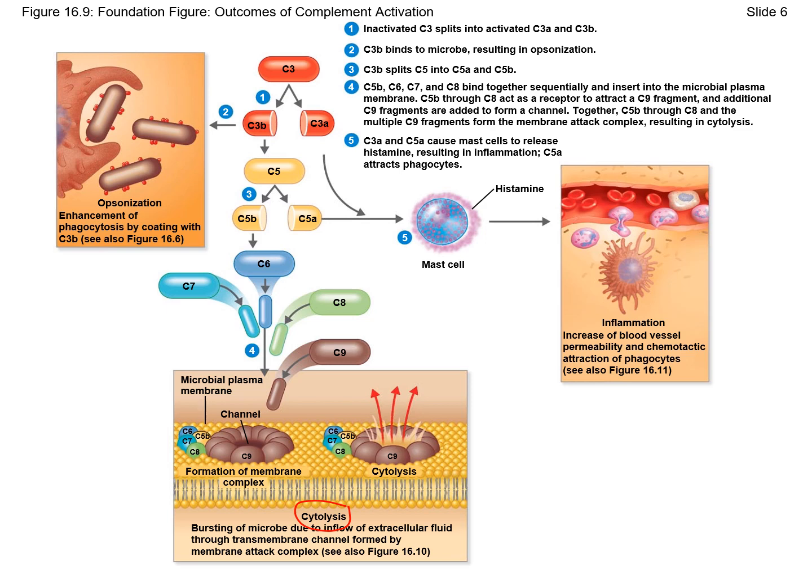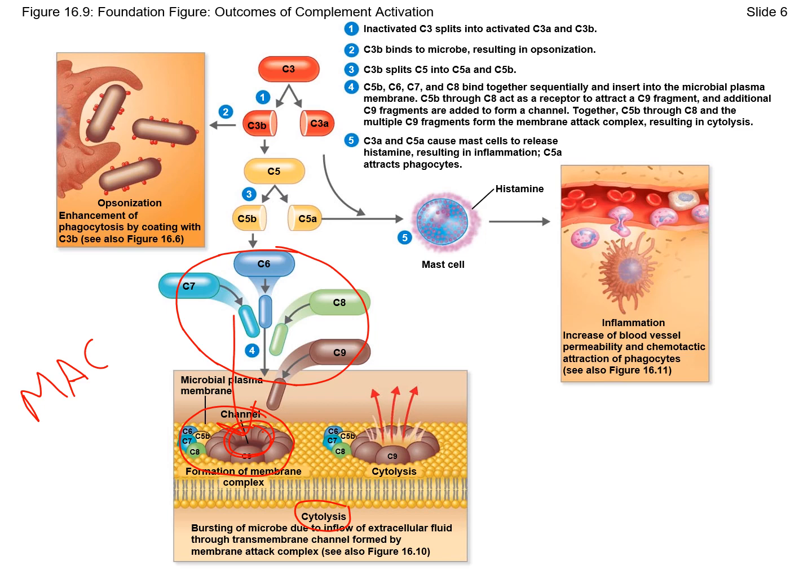So MAC, M-A-C, this stands for membrane attack complex. And this is the membrane attack complex here. It is composed of complement proteins. And what these activated complement proteins do is they wedge into the microbe cell membrane and create pores in the membrane.